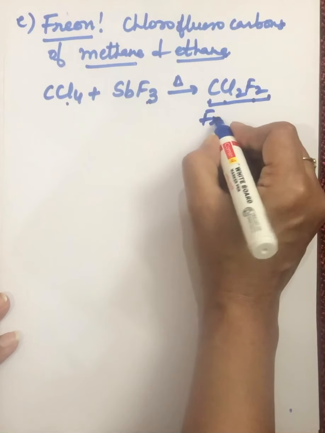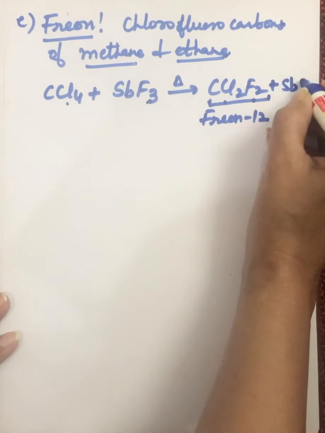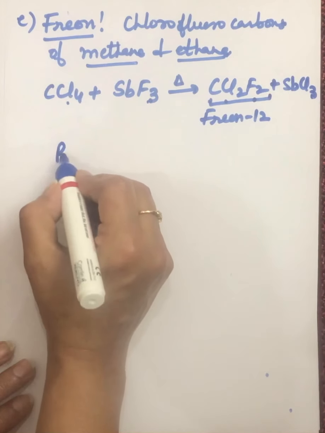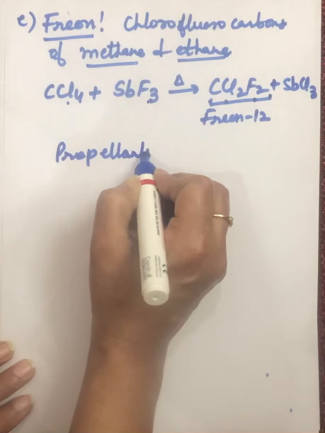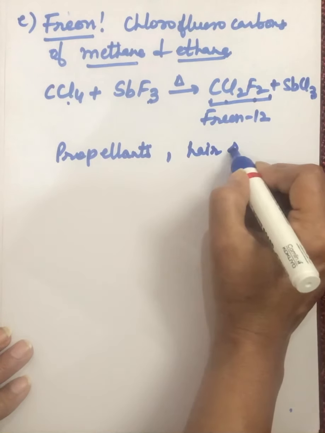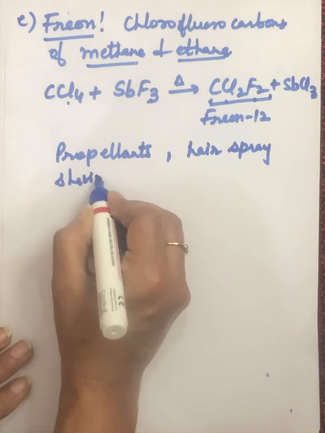And this freon is freon 12. Along with this, formation of SbCl3. So this is how freons are prepared. And freons are also used as propellants, as hairspray, and in shaving creams.